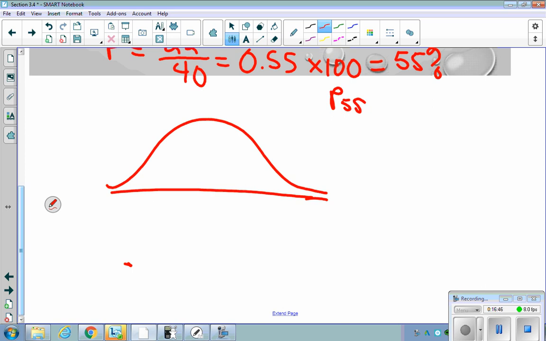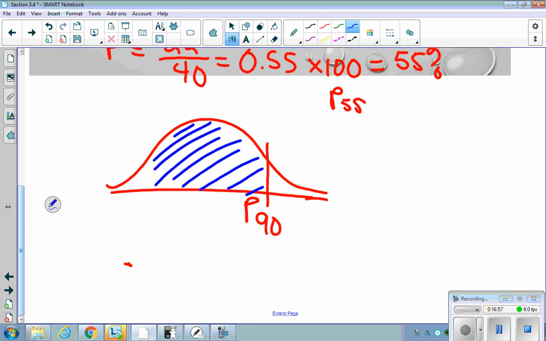And if I scored in the 90th percentile, that means that I scored better than everyone else that scored something below me. That test score could be 198. But this would represent everybody that got 197 or less. Does that help? Okay. So you can always put it on a normal curve. Good.